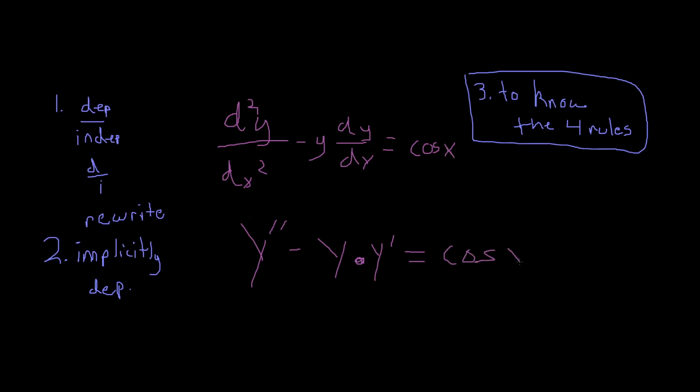And so there's a big problem here. This breaks the second rule, which is that y, the dependent variable, can't be multiplied by itself, and it can't be multiplied by its derivative, so that's wrong.